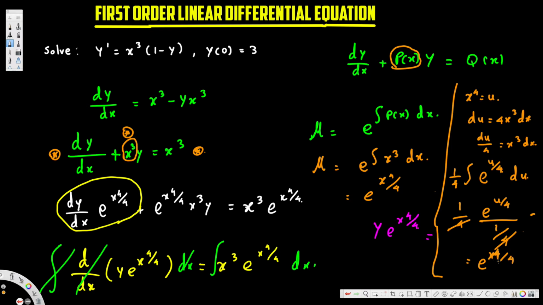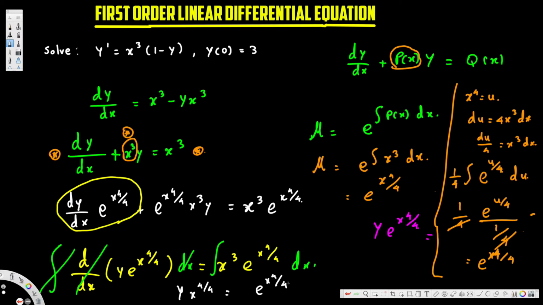So this is the integration of this one. After we find the integral, we can write our final answer. y times e power x power 4 divided by 4 is equal to e power x power 4 divided by 4, and also we will have a constant right here.